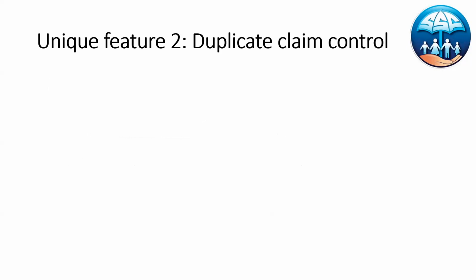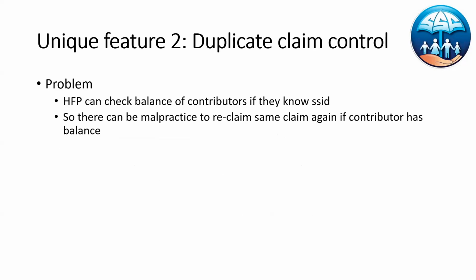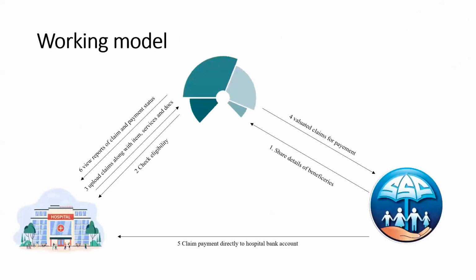Similarly, we have some features to control duplicate claims. The problem is that a health facility provider can know the upper ceiling or available ceiling amount of contributors if they know the contributor ID. They can just hit and trial. As you have seen here in this flow, a hospital can check the eligibility of a particular contributor. While checking that eligibility, they can find the balance available of that contributor.